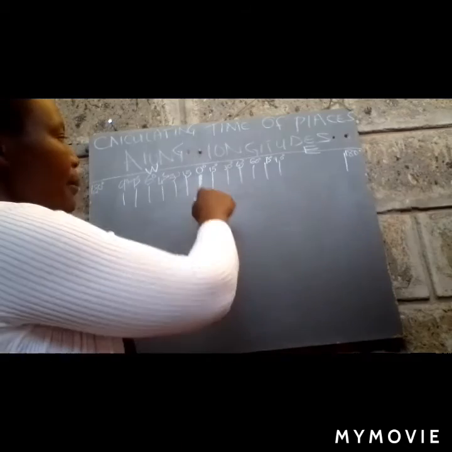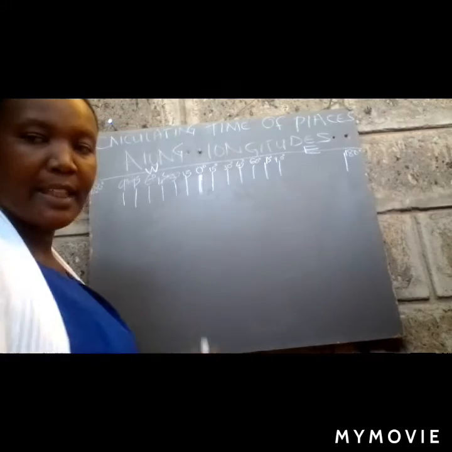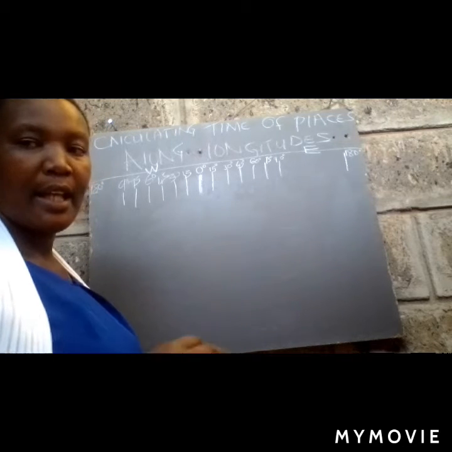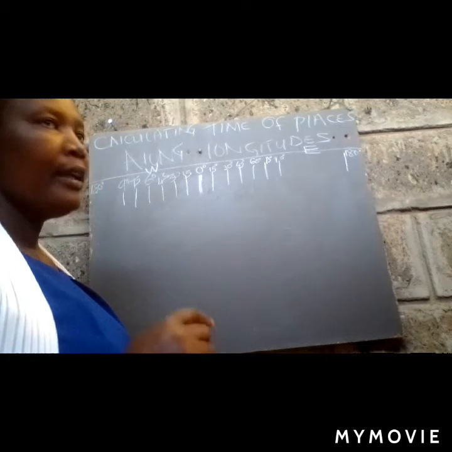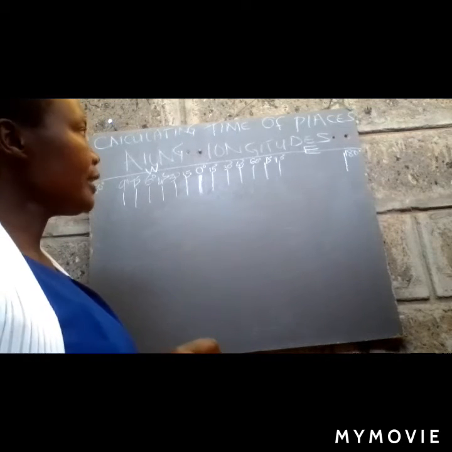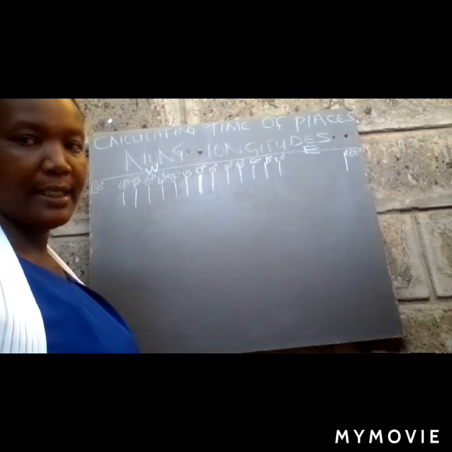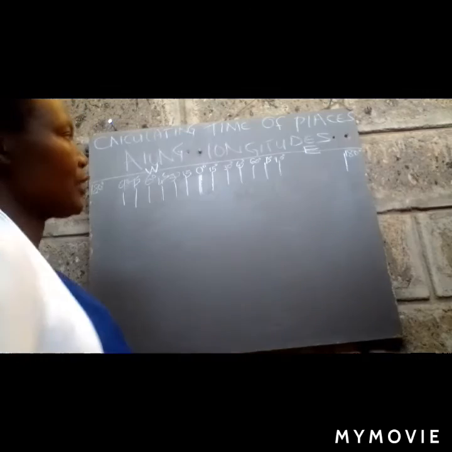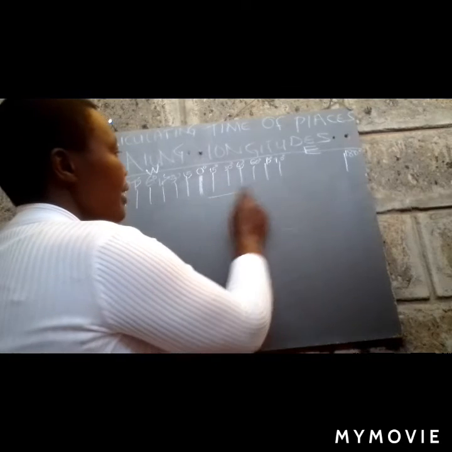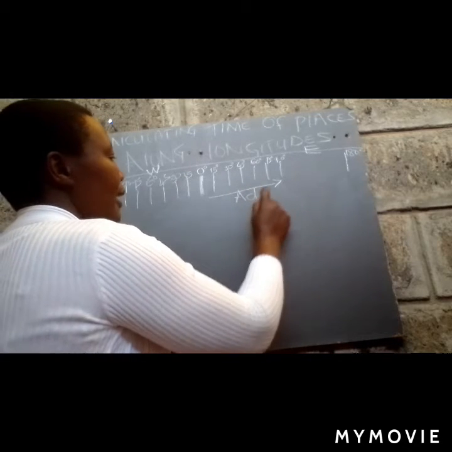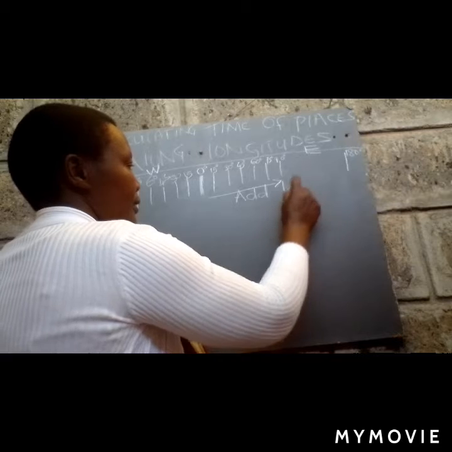We said that the prime meridian divides the globe into two: eastern and western hemisphere. In calculating time of places in different hemispheres, when we are moving east, we usually add the hours.